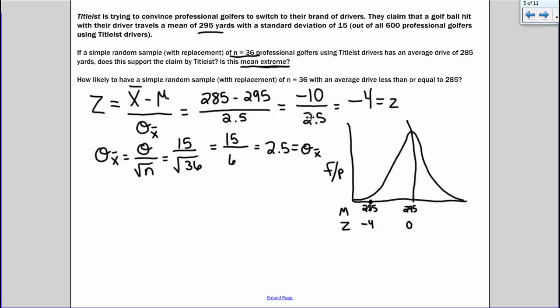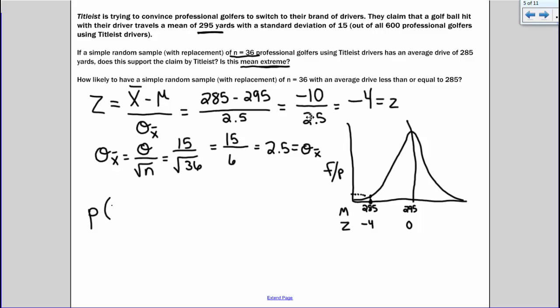This is in a really low frequency part of all the possible sample means that you could get if Titleist's claim was accurate. So let's go ahead and figure out, how likely would it be to find a sample mean of 285 or less if Titleist's claims were accurate?